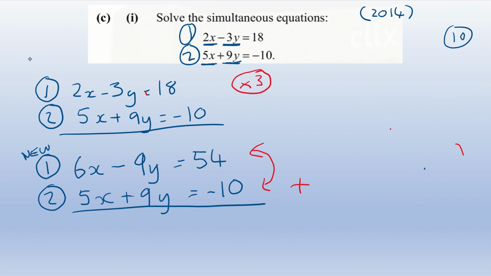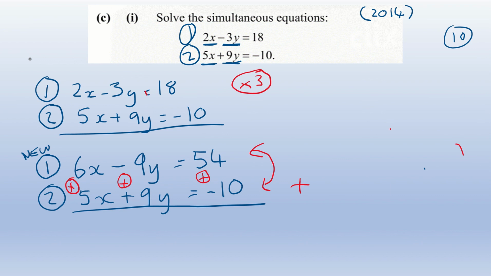So what we're going to do is have 6x plus 5x, then 9y plus 9y, and then 54 plus minus 10. We're adding my two equations together so that the minus 9y in my first equation and the plus 9y in my second equation combine to give me 0.